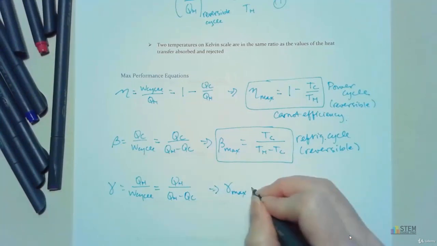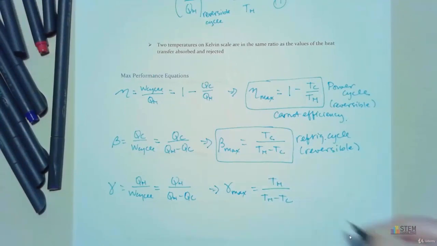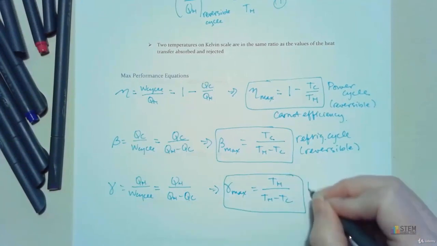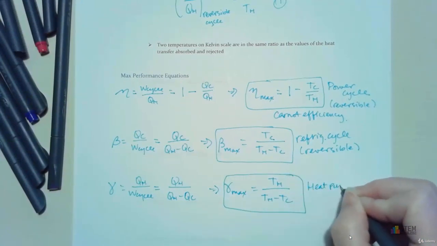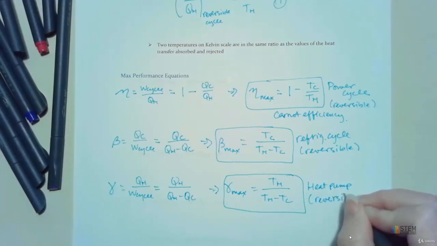And gamma max will be TH over TH minus TC. All right. So notice essentially we're just replacing our Q terms with the temperatures. All right. This will be for a heat pump. And of course it is reversible because it is the max performance. The reversible cycles will always give you your max performance.